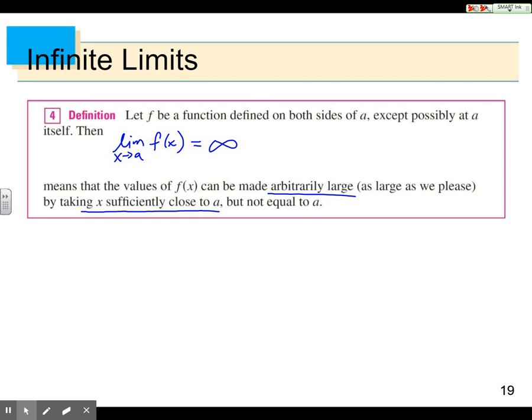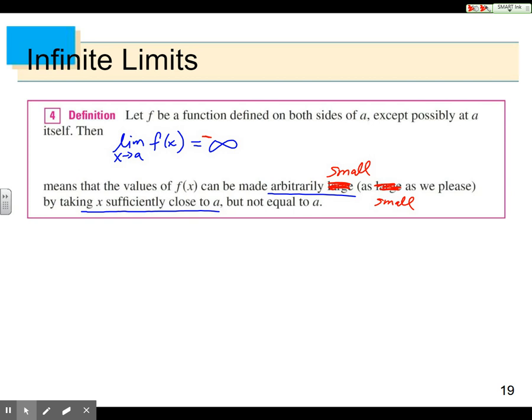And in the same way, we can do the negative side as well. If we let f of x be defined on both sides of a except possibly at a, then we can also go down to negative infinity. It means the value of f of x is made arbitrarily small as we please.